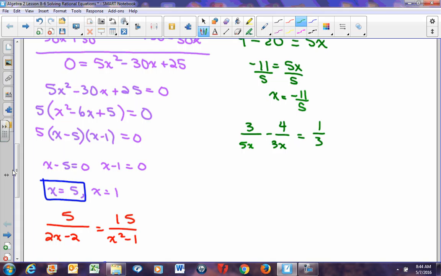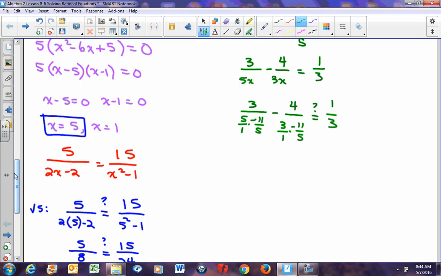So I'm going to have 3 divided by 5 over 1 times negative 11 over 5 minus 4 divided by 3 over 1 times negative 11 over 5. Does that equal 1/3? You could stick this on your calculator if you wanted to, but let's just say you forgot the calculator, and you actually have to do math using your brain calculator. These will cancel out.